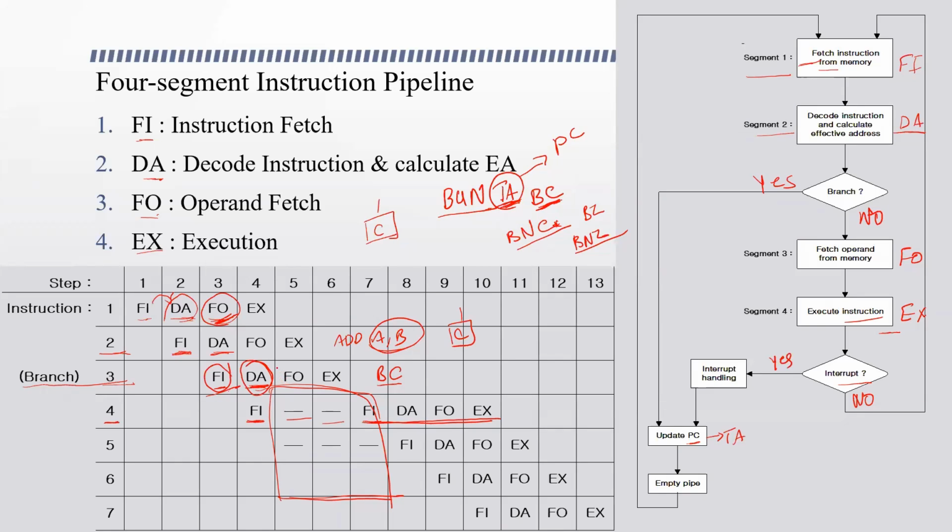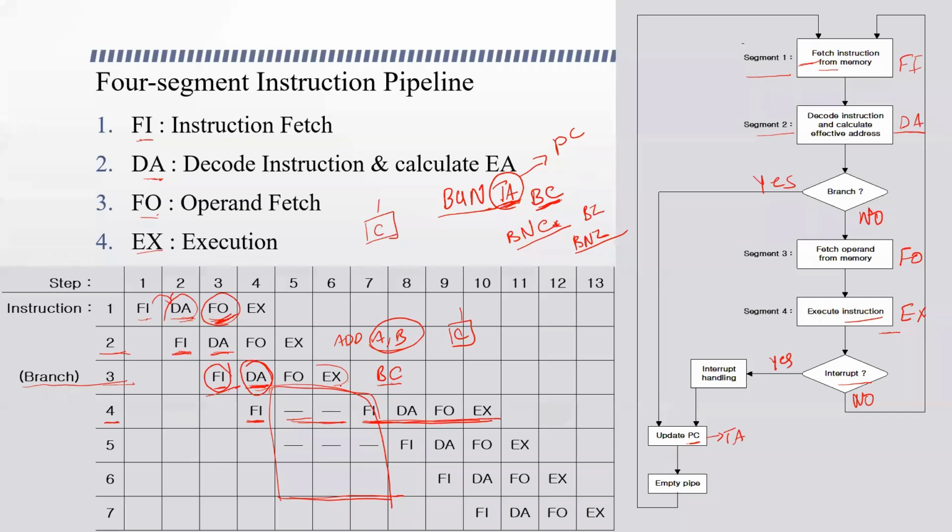If it is an unconditional branch, the execution of this instruction will make the PC updated, the pipe is emptied, and the next instruction at the target address would be fetched, decoded, and executed. Correct? And in case of a conditional branch instruction, the condition may be true or false.